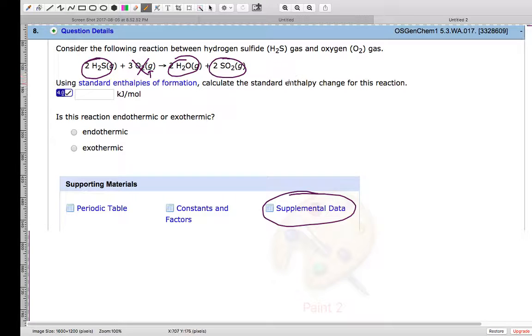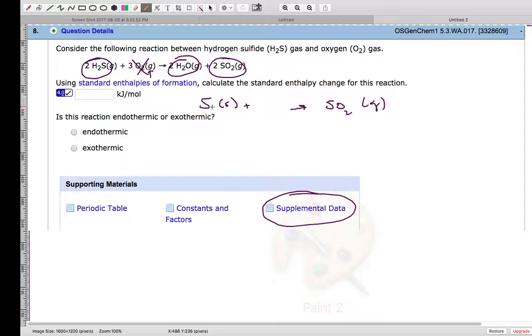Now, the way that enthalpies of formation are special is because formation reactions all make exactly 1 mole of whatever product you're interested in, such as sulfur dioxide, and they make it from the pure elements that make up this chemical in their standard states at room temperature.